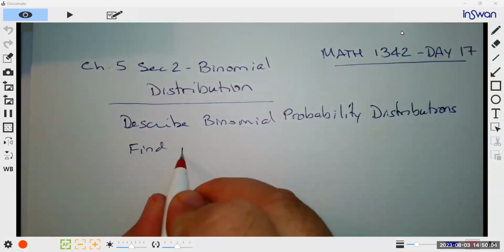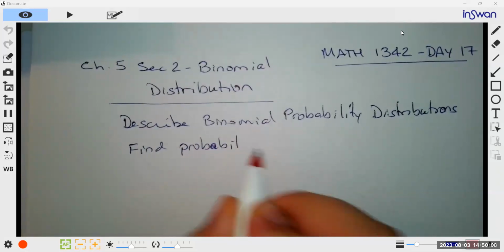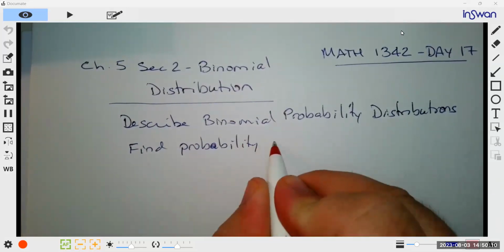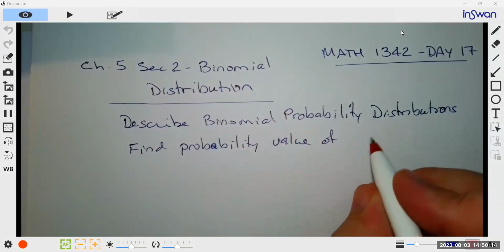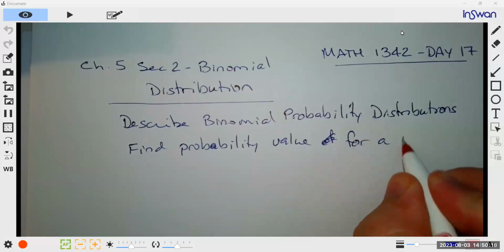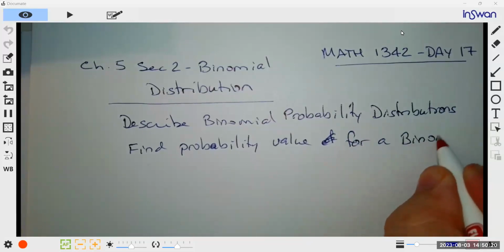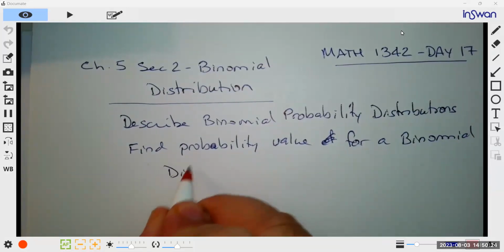We're going to find probability values for a binomial distribution.